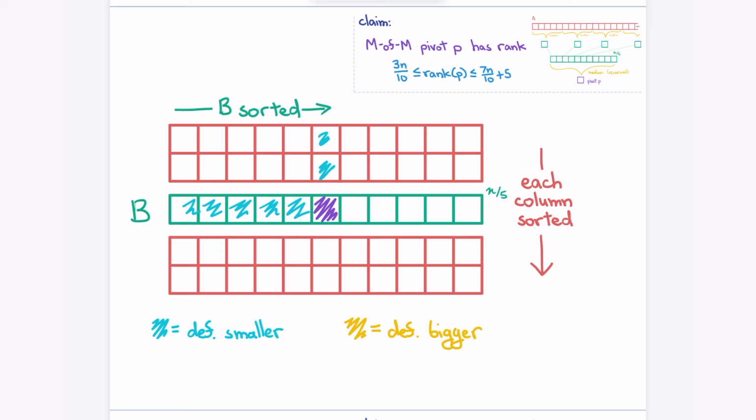And then smaller than all of these, which actually you have to go up. That's the only way you know. But this is bigger than this, bigger than this. This is bigger than this, bigger than this. So you know these are smaller. And now you can see that it's 3/10 of the input. It's 3/5 of the left side, and the left side is 1/2 of the whole thing.